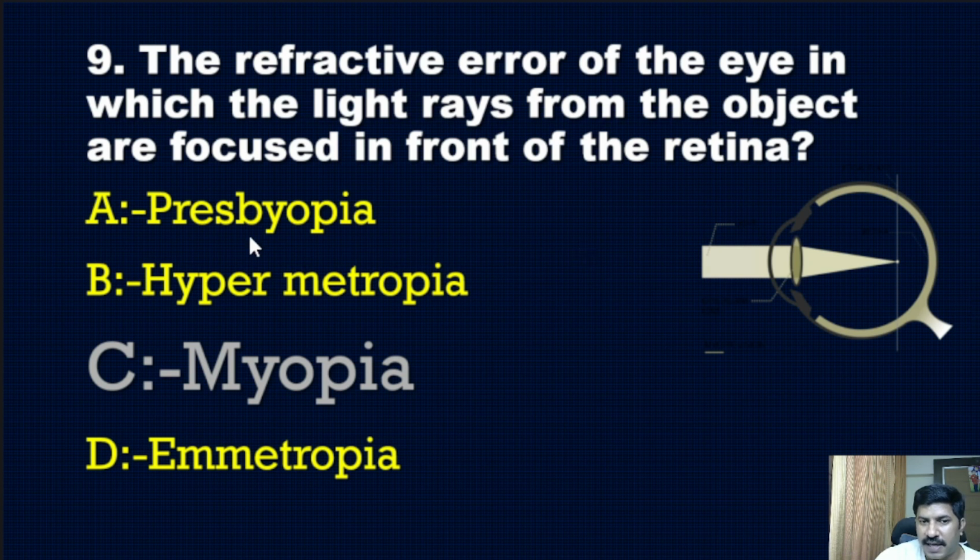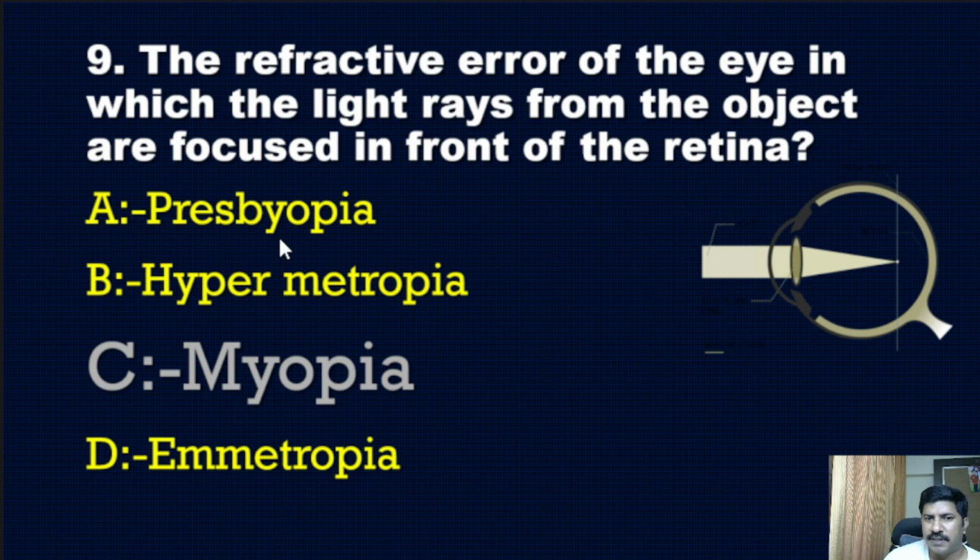In the same way, presbyopia is usually due to the aging process. In presbyopia, the lens is unable to change its shape to accommodate the light rays. Presbyopia is due to aging.